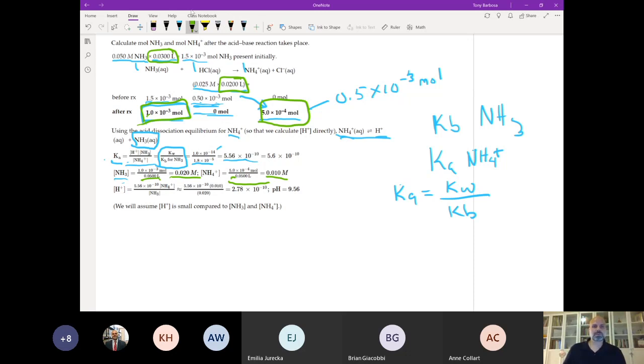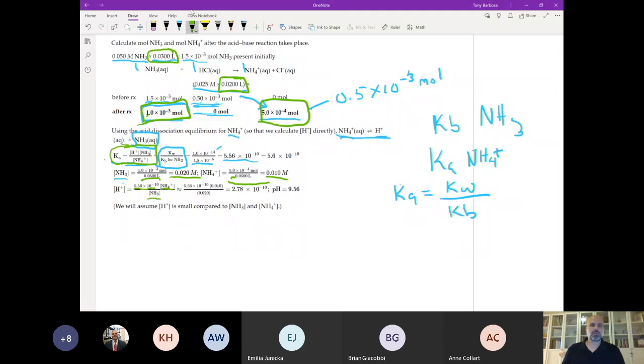Our proton concentration, therefore, we're going to be solving for by rearranging the Ka equation. So we rearrange the Ka equation here to solve for protons. So we have proton concentration is equal to our Ka times the ammonium concentration divided by the ammonia concentration.